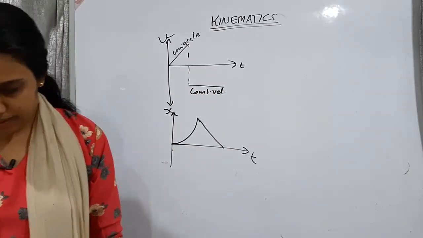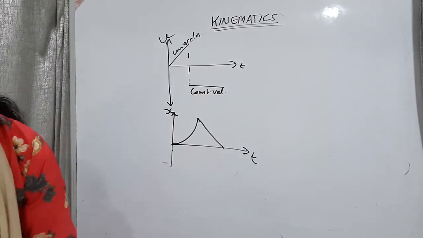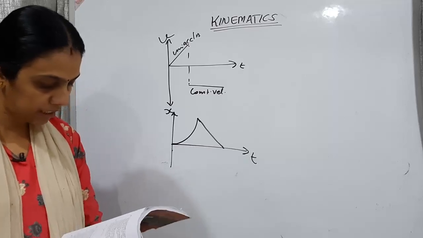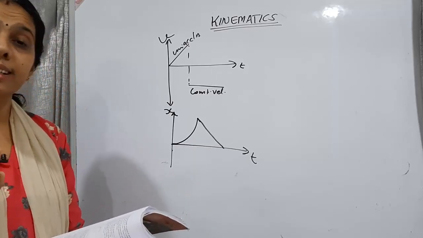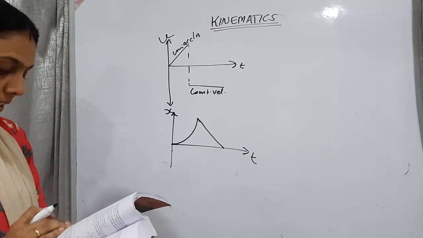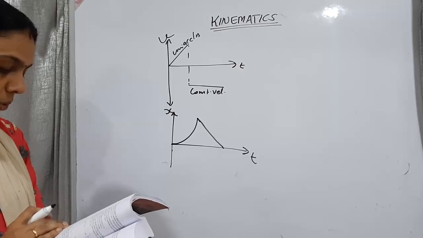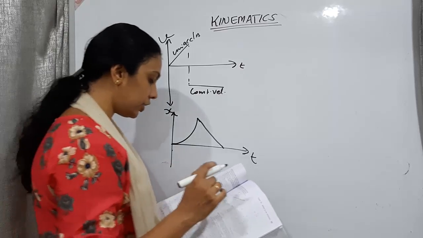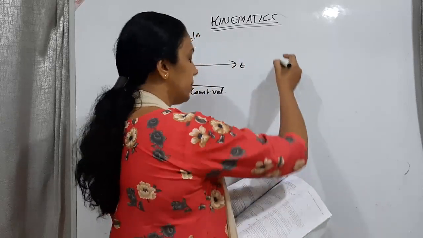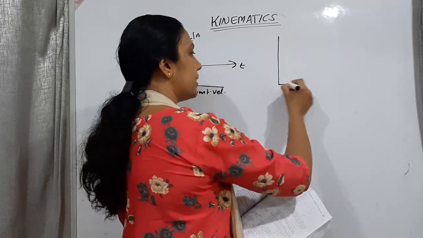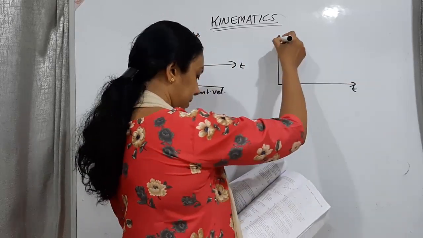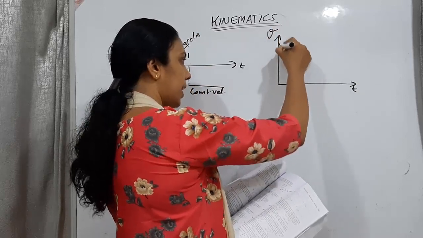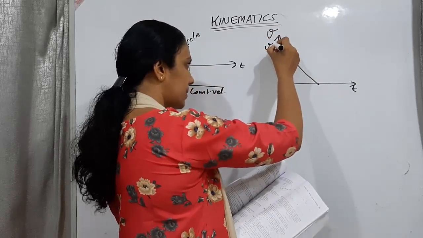Clear? So the next one is: the given graph shows the variation of velocity with displacement. Which one of the graphs given below correctly represents the variation of acceleration with displacement? So here the velocity and displacement graph is given, and the values are also given like v0 and x0.